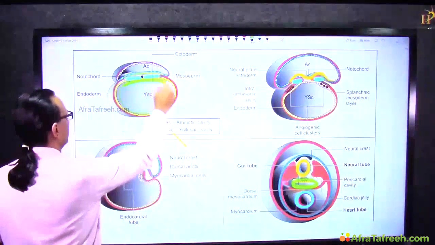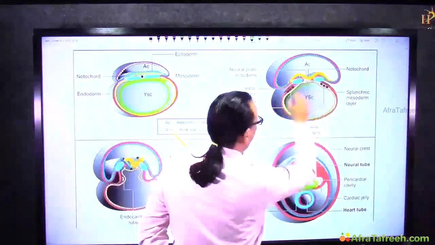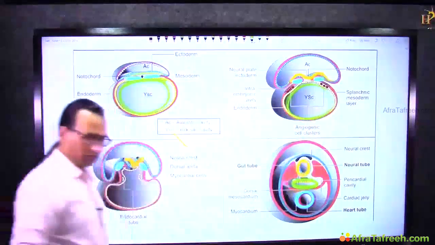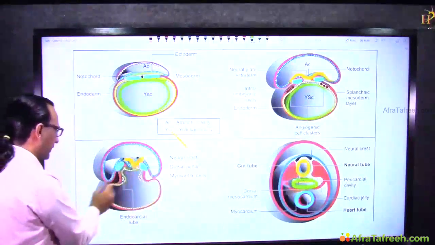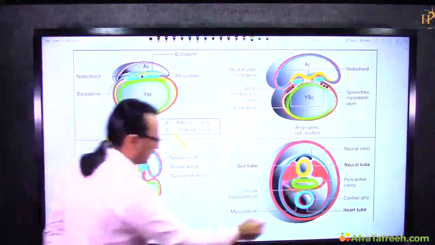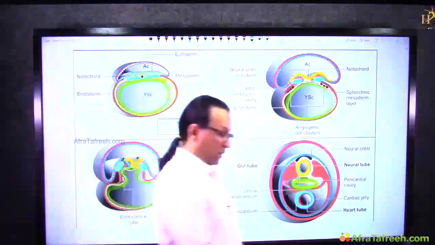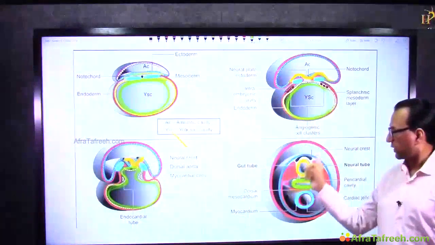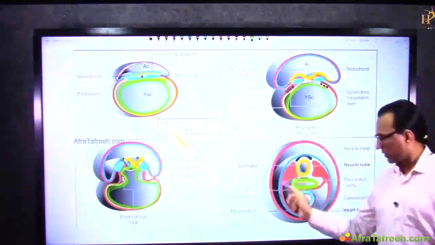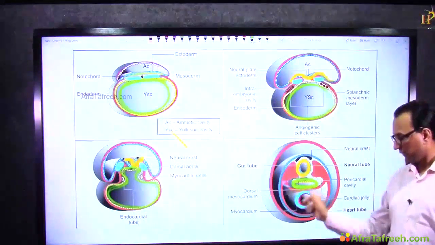So this is the yolk sac lined by endoderm, and that is going to be included into the conceptus, and as it is being included inside the conceptus, it is going to form what is called the gut tube. So remember, the neural tube is coming from the ectoderm, the gut tube is coming from the endoderm, and the cardiovascular tube is coming from the mesoderm.